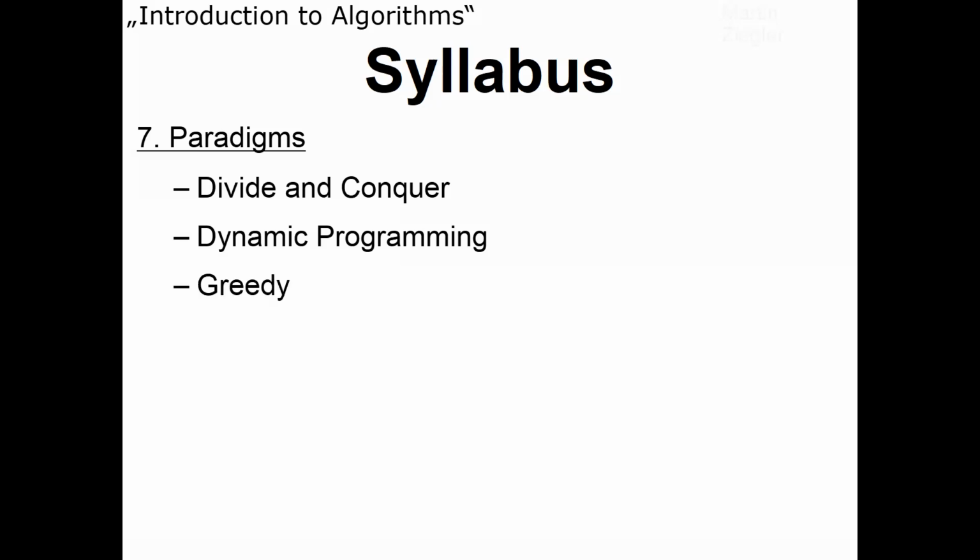Then we will look at greedy algorithms. We also have seen some greedy algorithms, maybe without having spelled out that term explicitly, but we have already learned examples of greedy algorithms. We'll talk about backtracking algorithms.